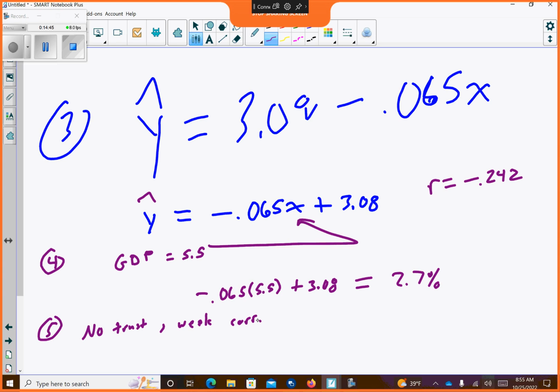Let's see. Number 6, interpret the slope of our line. Well, our slope is negative 0.065.